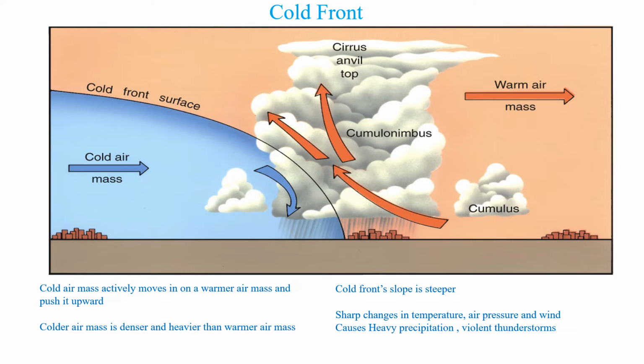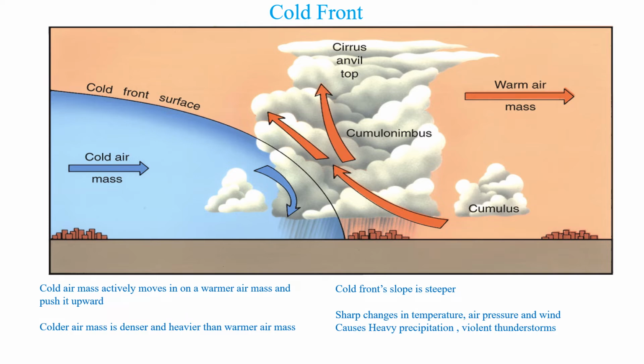So when it goes up, that makes cumulus cloud and creates a lot of precipitation, and also the boundary layer is very steep, with a sharp change of temperature and a sharp change of pressure.